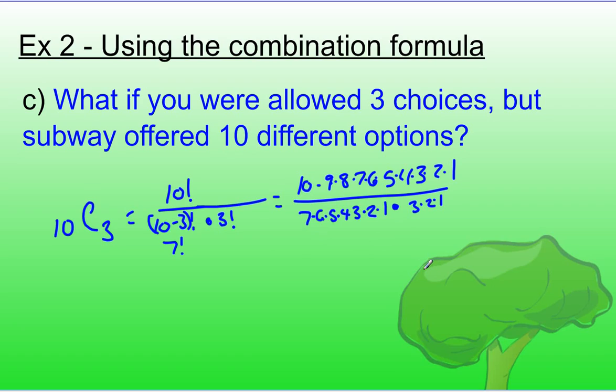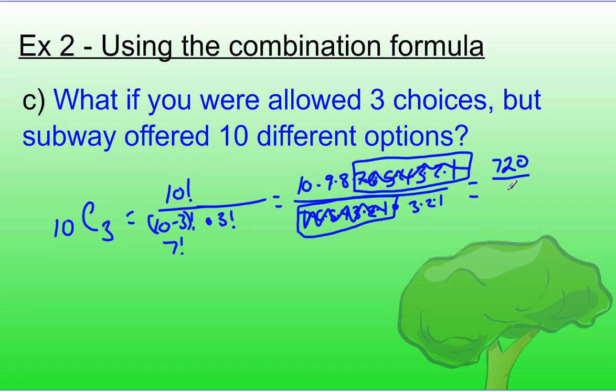If you cancel some stuff out, look at this: 7 through 1, 7 through 1. Boom, gone. So you've got 10 times 9 times 8 over 3, 2, 1. 10 times 9 times 8 is 720, and 3, 2, 1 is 6.